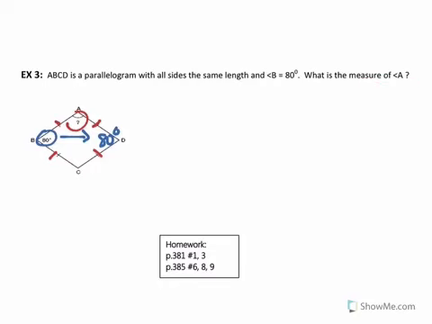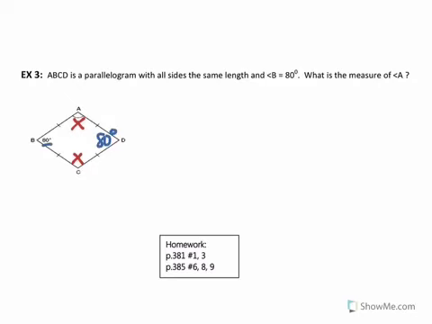So what I'm going to do is call this X, and the one opposite of it is going to be exactly the same. Let me get rid of some of this so that you can see everything, and we can make an equation. So this question is a little bit different now. 80, 80.